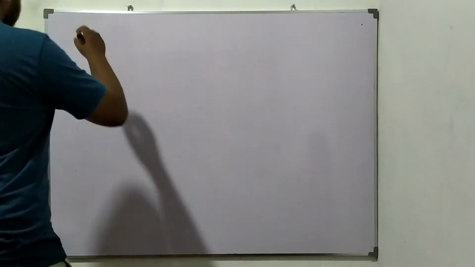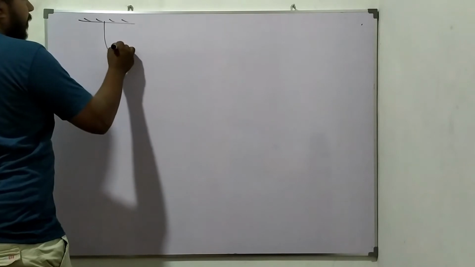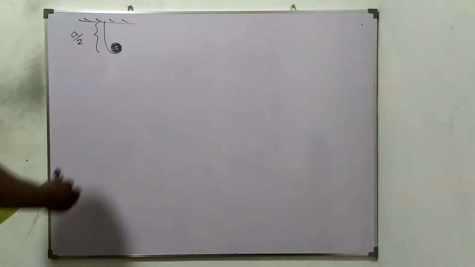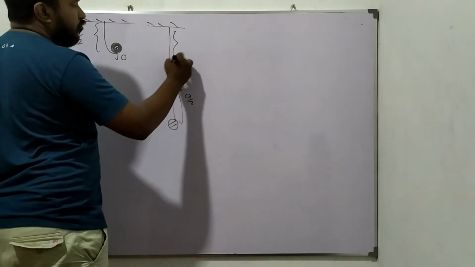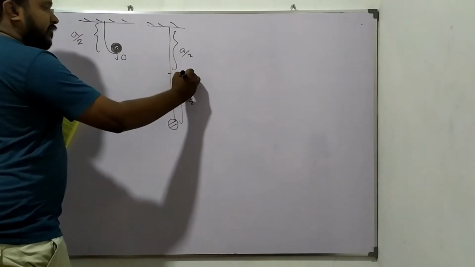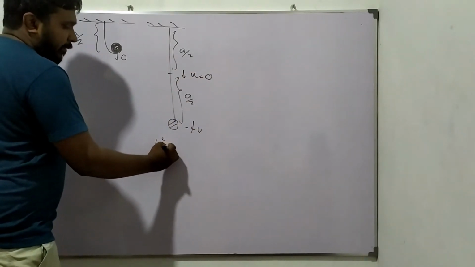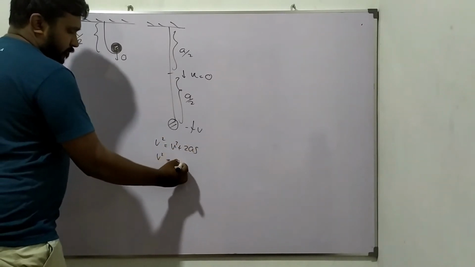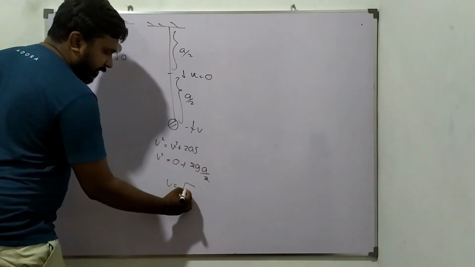First of all, I'm going to draw the initial position diagram. This is my particle. The length is a/2. It's starting from rest, and after some time comes to here, another a/2. So the initial velocity is u, and here it's v. We can apply v squared equals u squared plus 2as, so v squared equals 2g times a/2, and v equals root ag.